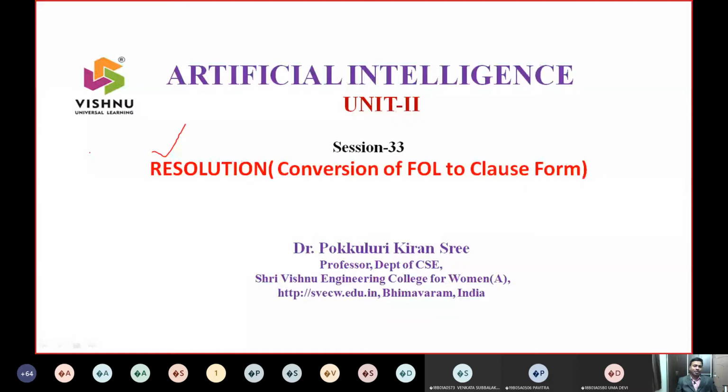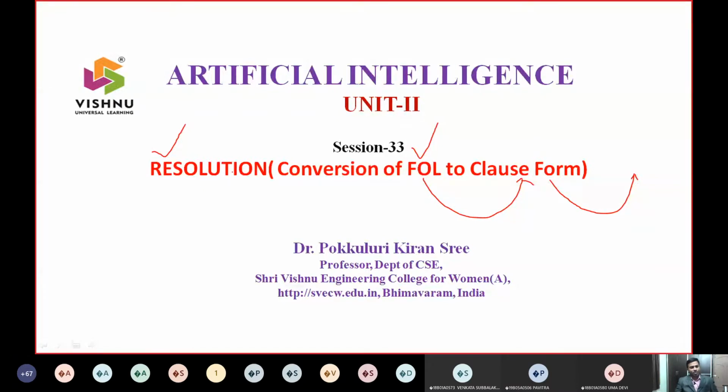And the second method is you write a statement in English or Telugu or Chinese, whatever language you have. You convert the statement into first order logic and convert that first order logic into clause form. From clause form, you will apply a procedure to validate whether the given inference is true or false. So this is the procedure actually.